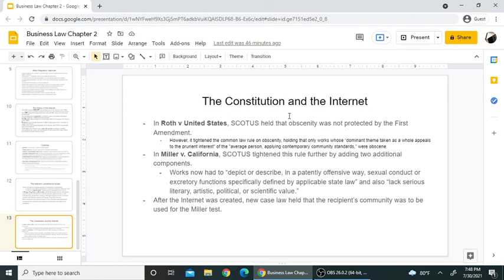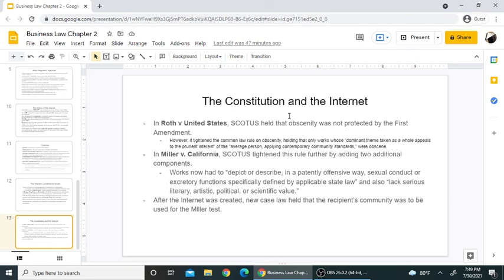So after the internet was created, there was new case law that held that the community referred to in the Miller test was going to be the recipient's community. So you can see that when it says the average person applying contemporary community standards, when trying to determine what is considered obscene, you have to apply the recipient's community.